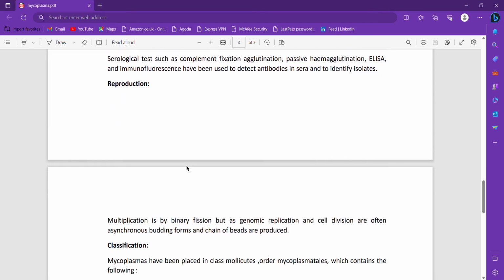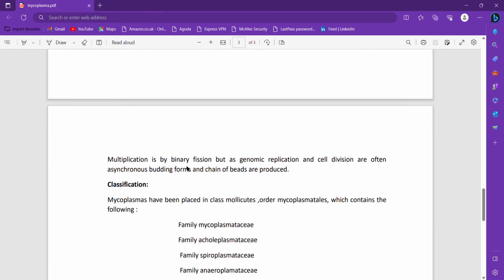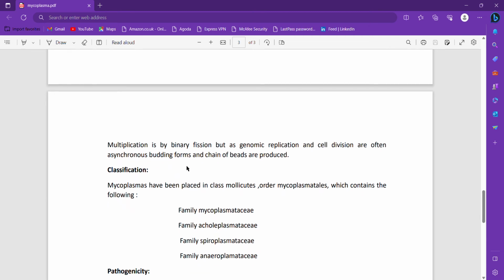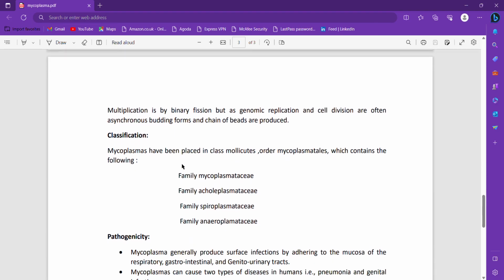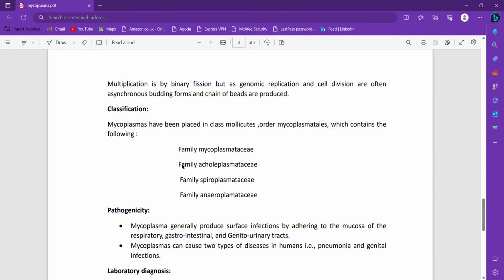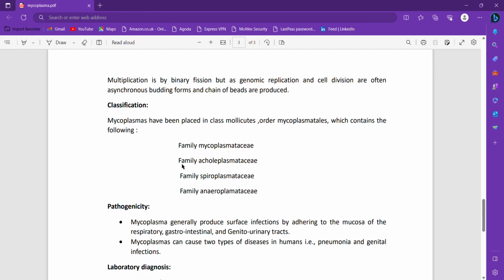About reproduction, multiplication is done by binary fission, but as genomic replication and cell division are often asynchronous, budding forms and chains of beads are also produced. It means there is more than one feature for reproduction.